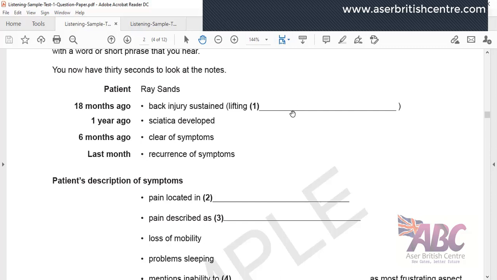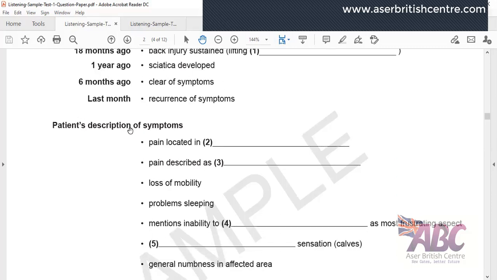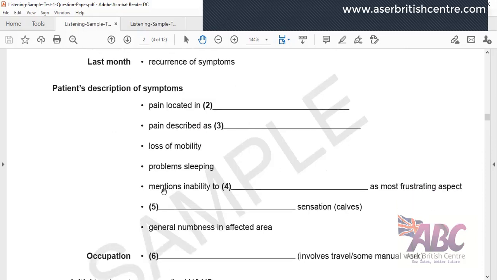So let's proceed to the second one. Patient description of symptoms. So here, located in, also, described as, mostly will be an adjective. That's right.